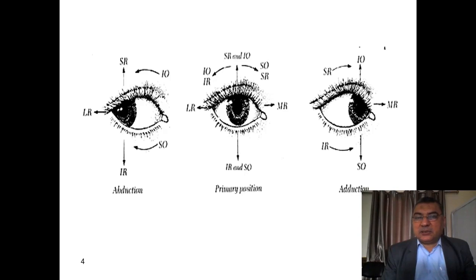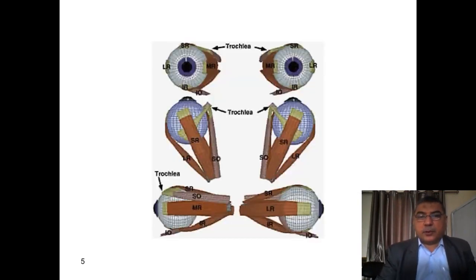Then we have 2 oblique muscles. We have the superior oblique and the inferior oblique. The superior oblique takes origin from the apex of the orbit, and it passes forwards in the upper inner angle of the orbit at the junction of the roof and the medial wall.